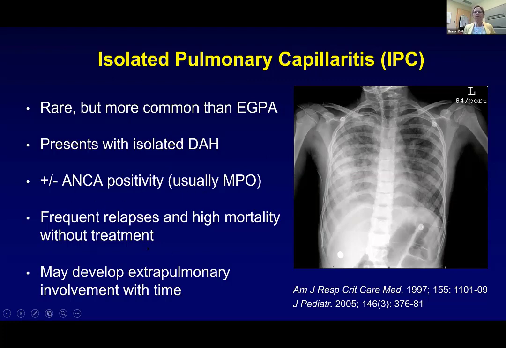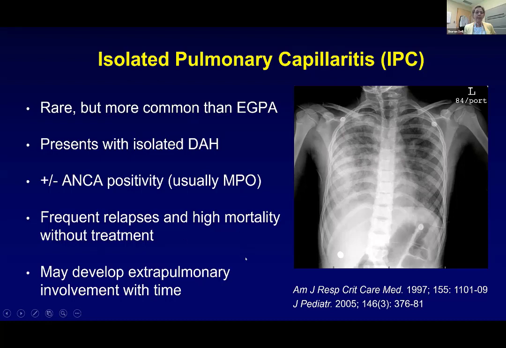And these kids follow a very similar course to the other vasculitides that we just talked about, in that they have very frequent relapses, and if you don't treat them, they have a very high mortality rate. If you look at the old literature from the 80s, this disease had a mortality rate of close to 90% in the first year, before people realized that it responded to prednisone therapy.